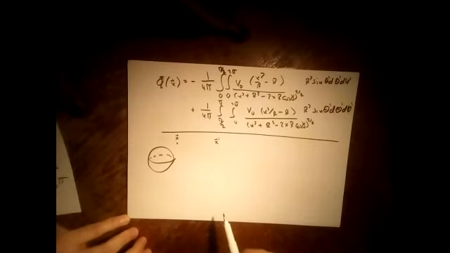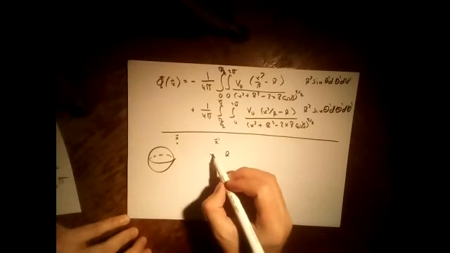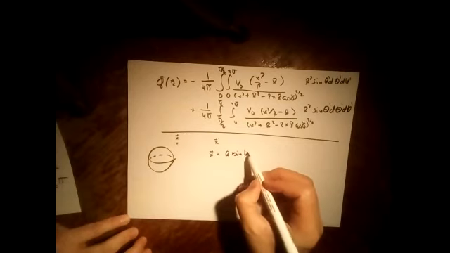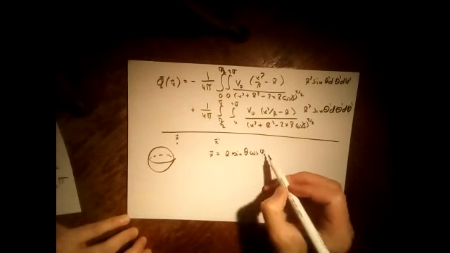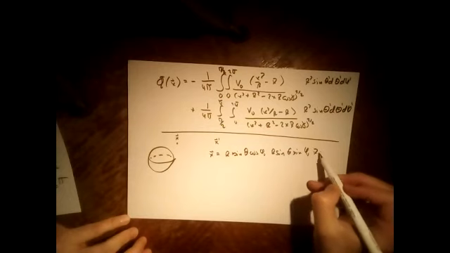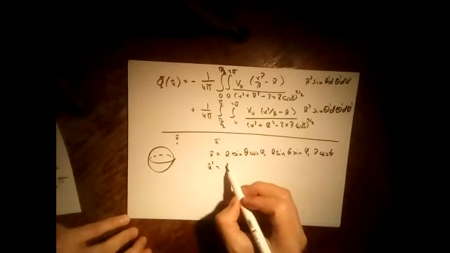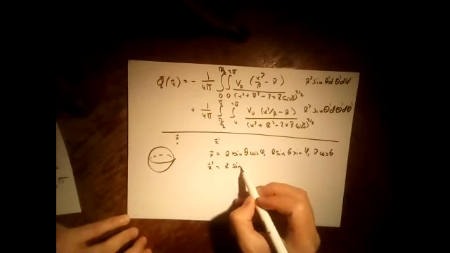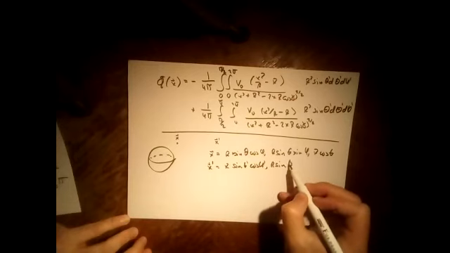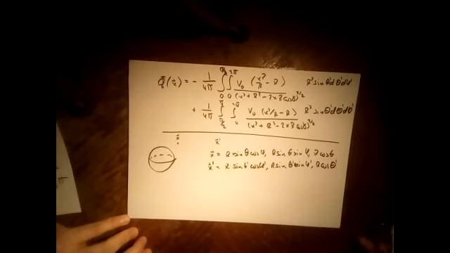So the x we can write as r sine theta cosine phi, r sine theta sine phi, and r cosine theta, whereas x prime we can write as the same thing with prime variables: r sine theta prime cosine phi prime, r sine theta prime sine phi prime, and r cosine theta prime.